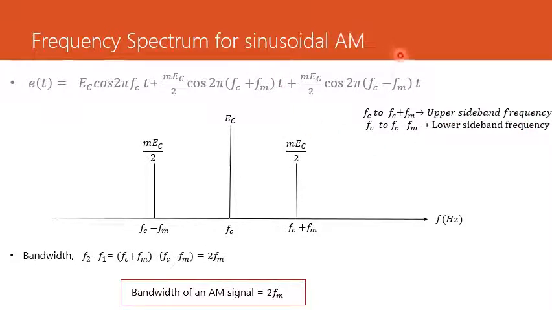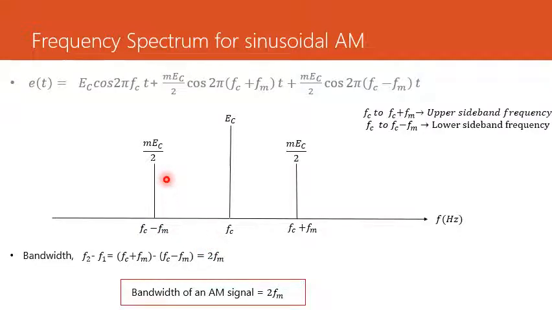Similarly, the third signal component at Fc minus Fm is the lower sideband, with an amplitude of m Ec by 2. From Fc to Fc minus Fm is the lower sideband frequency.